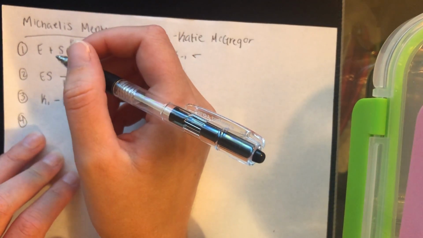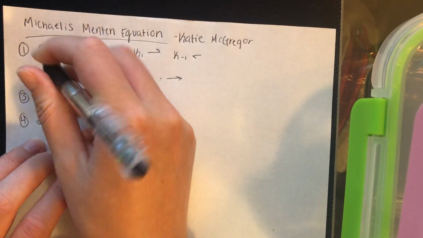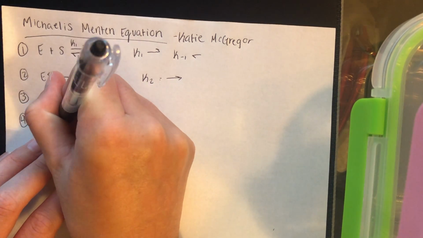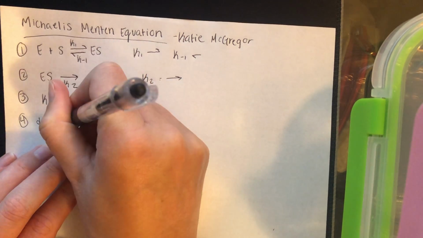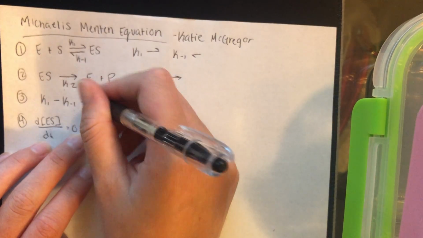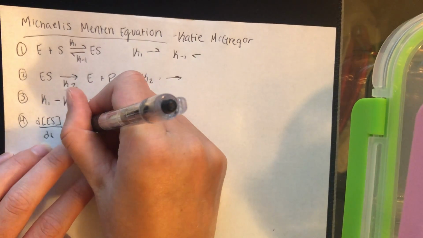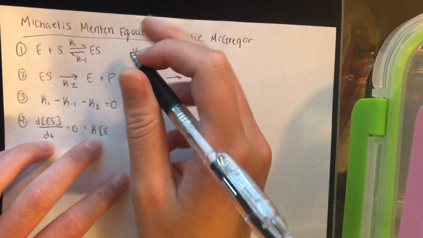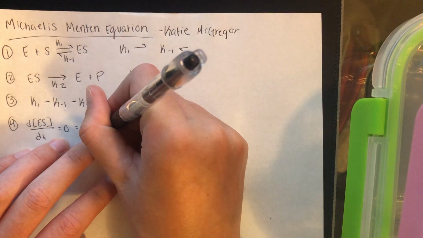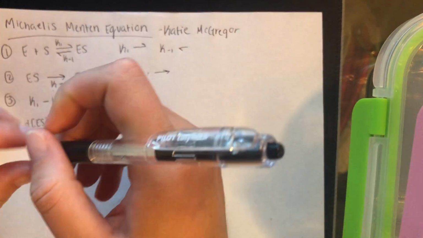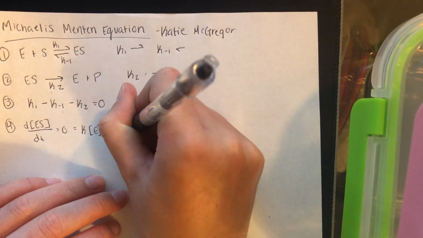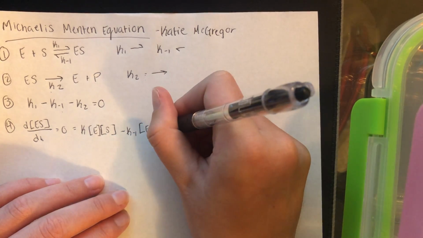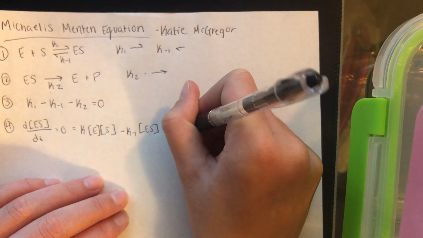So we have the instantaneous change, d[ES] over dt, equals 0, because we set everything to 0 for this one, and this equals K1 times E times S minus K negative 1 times the concentration of ES minus K2 ES.